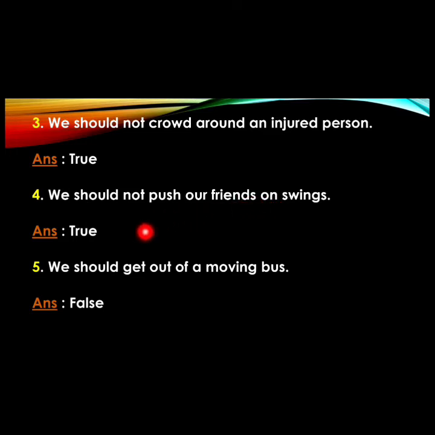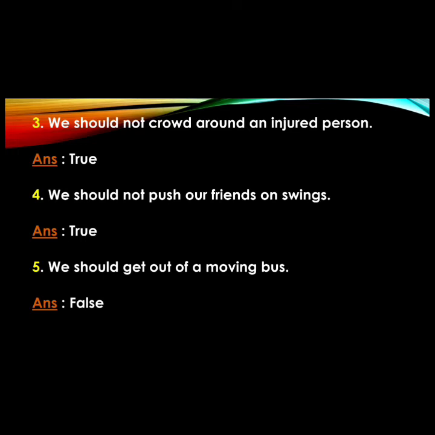It is also true. Then the fifth one: we should get out of a moving bus. It is totally false, right? We should not get out of a moving bus. So here you have to write false for the fifth statement. And here we also finished the discussion of all the questions from question B.